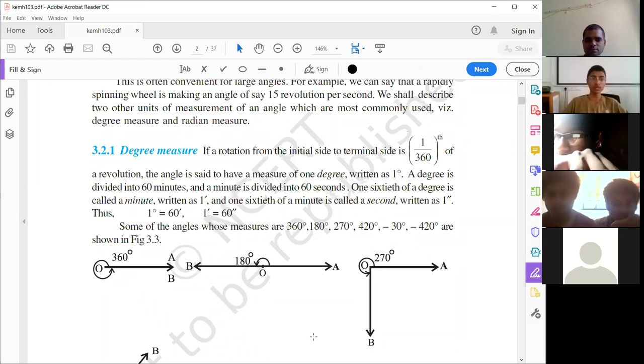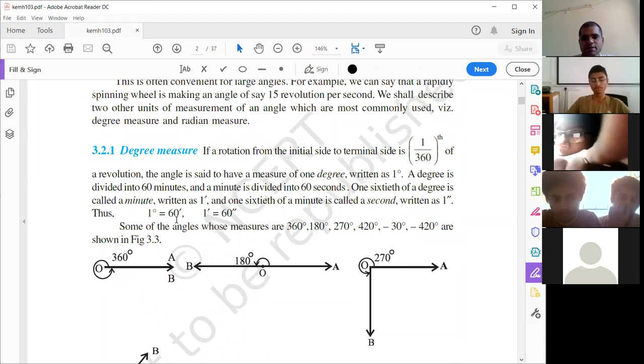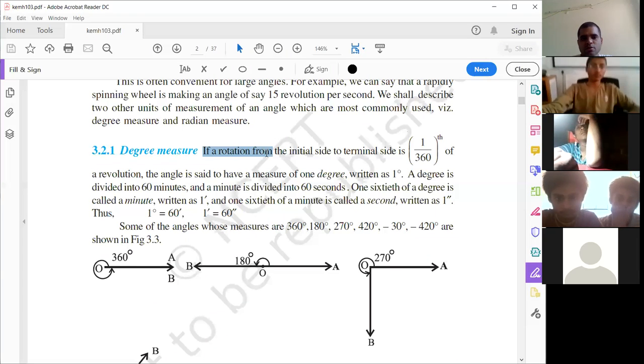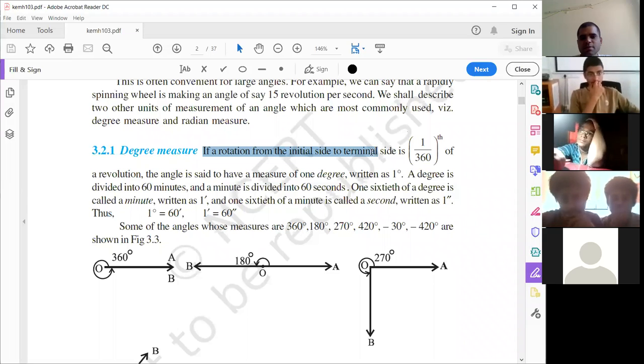So what is 1 degree? The rotation of initial side to terminal side by 1 upon 360th of a revolution is 1 degree.